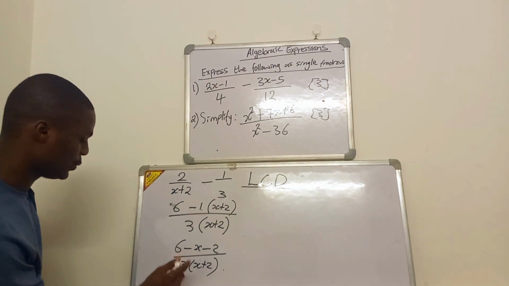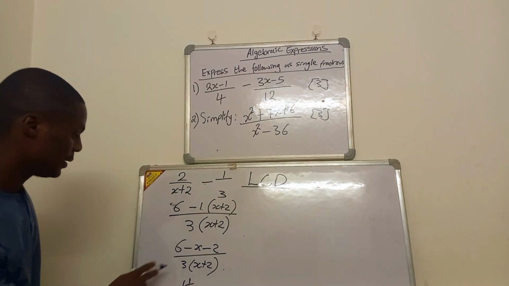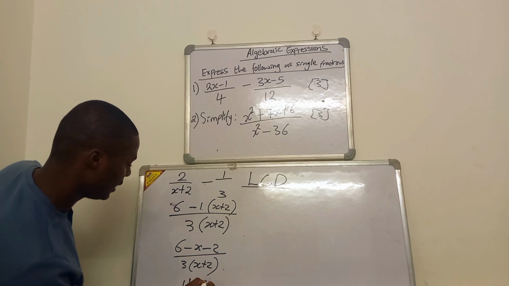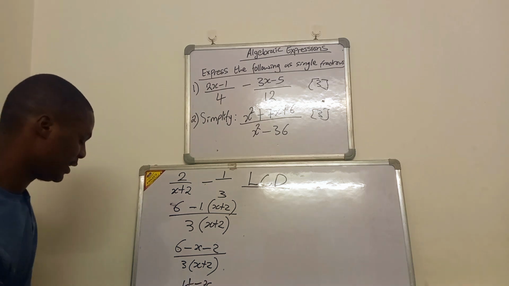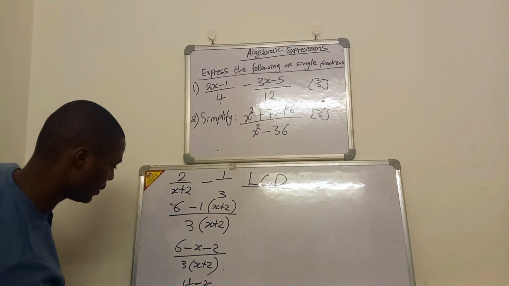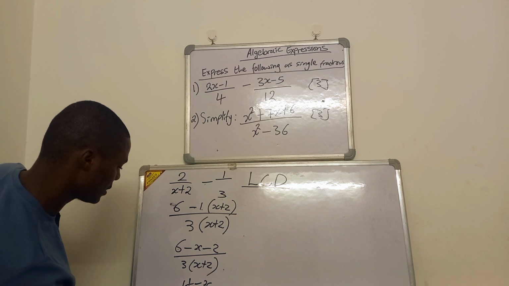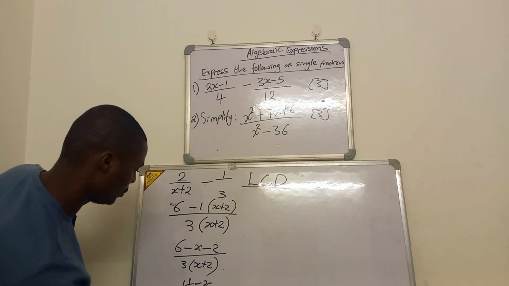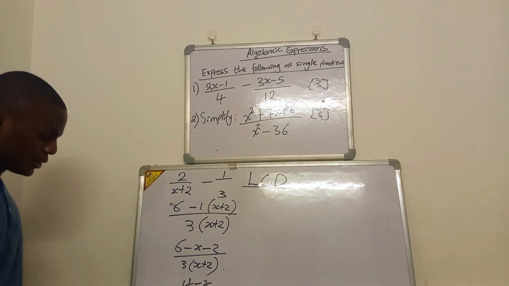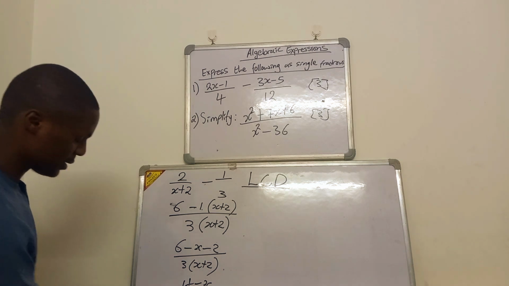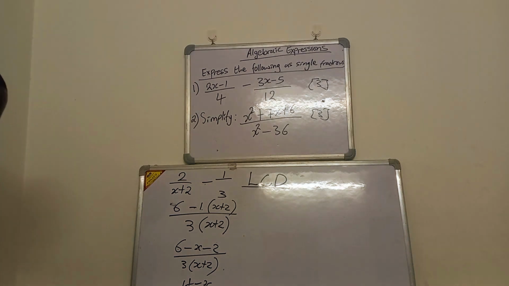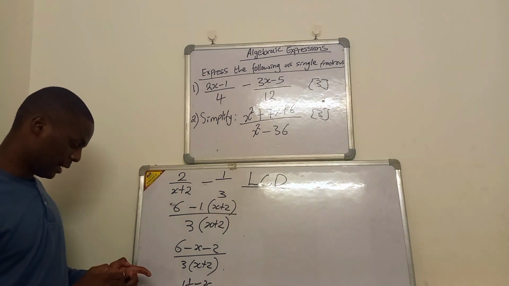So 6 minus 2, that's a 4. Then we have negative x over our denominator, which is 3 bracket x plus 2. So this will be your answer. No further simplification here. We cannot simplify further. So we leave our answer like this.